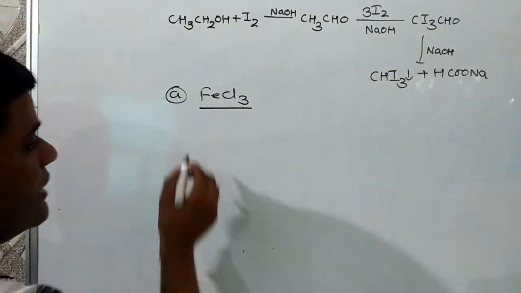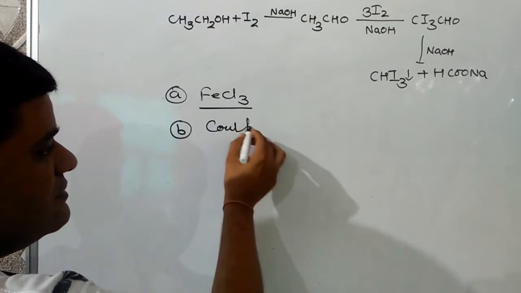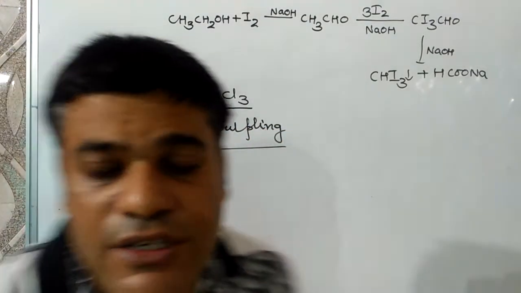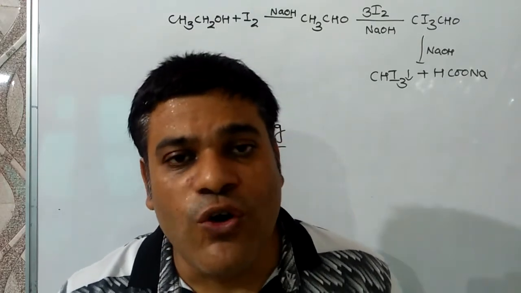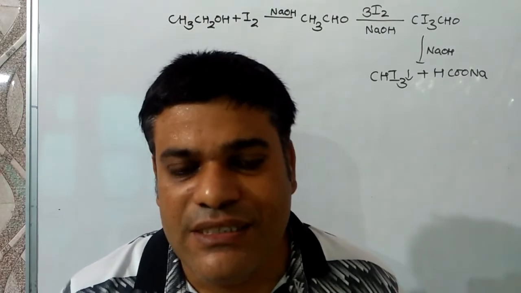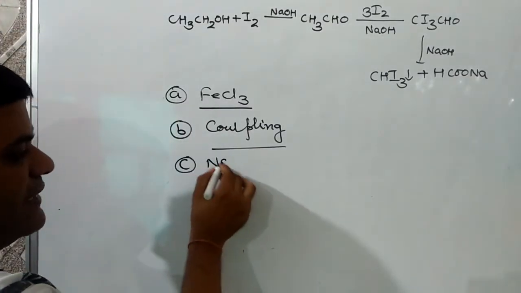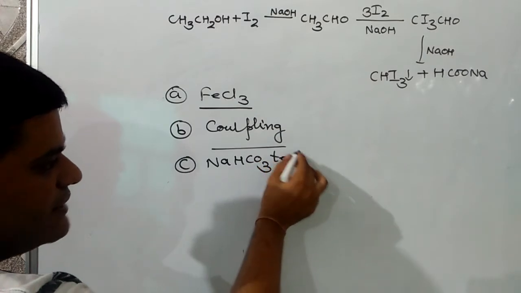Next test will be the coupling reaction. Phenol can react with benzene diazonium chloride to produce an orange red color dye due to formation of para-hydroxyazobenzene. And the last one will be a very important one, the sodium bicarbonate test.